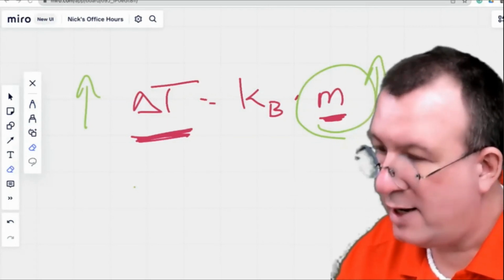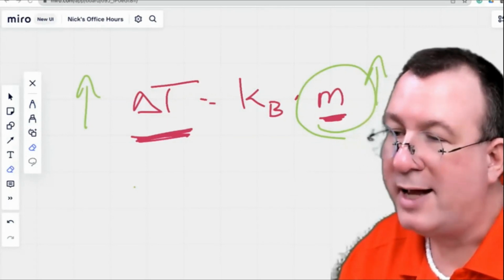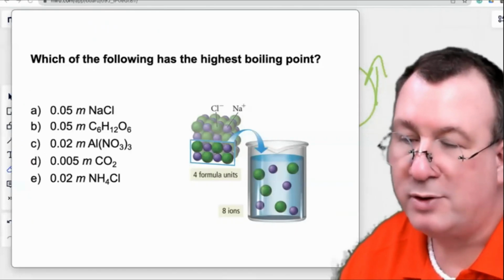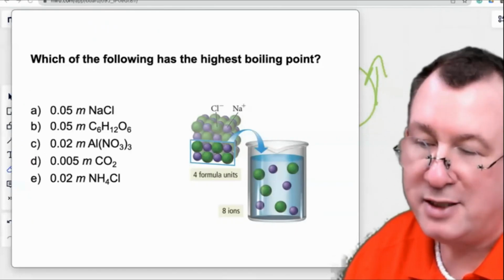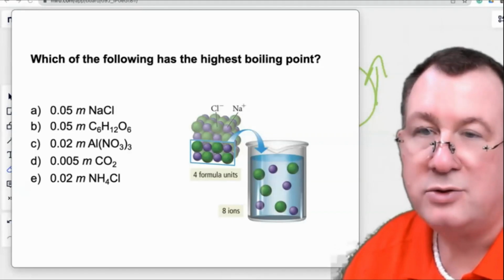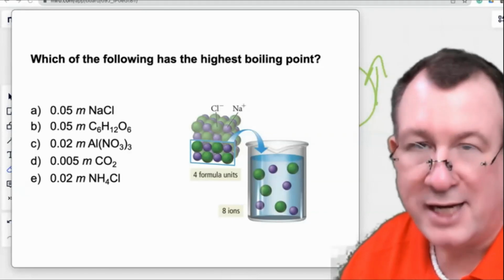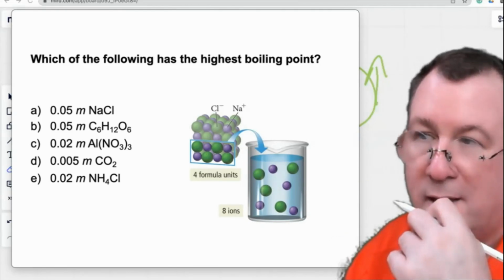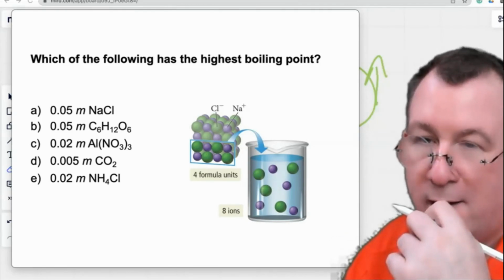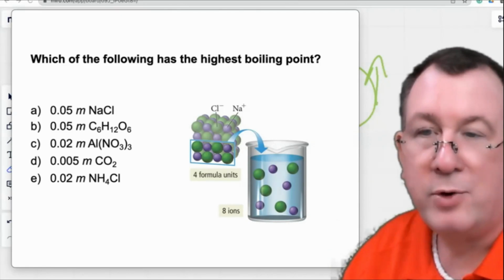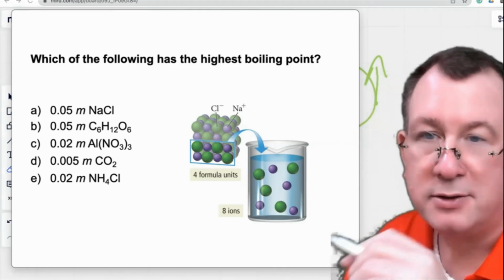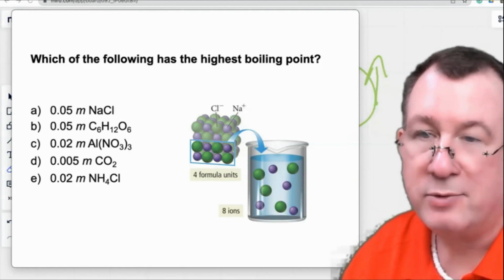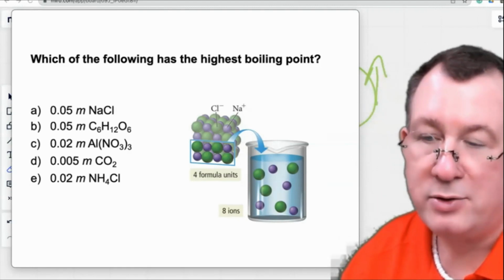Now, if I look at the one on the bottom, ammonium chloride, that's going to be less, 0.02 times the Van't Hoff factor, which is how many particles I get. Ammonium chloride, what's the Van't Hoff factor there? Ammonium chloride breaks into how many particles? It's like sodium chloride, breaks into ammonium ion and a chloride ion.